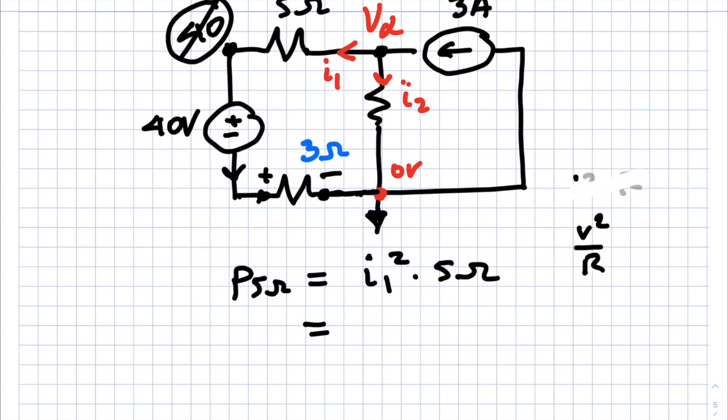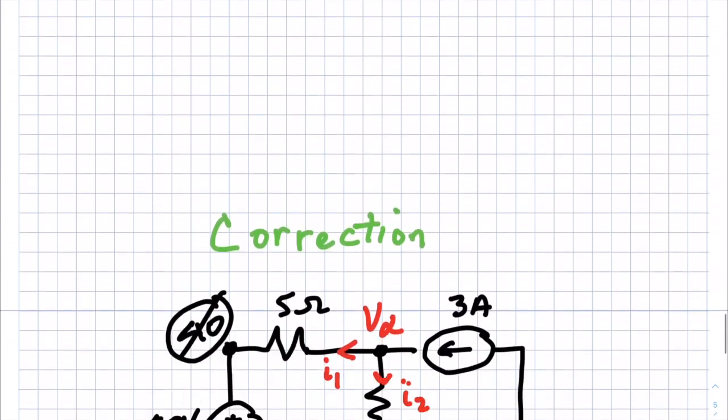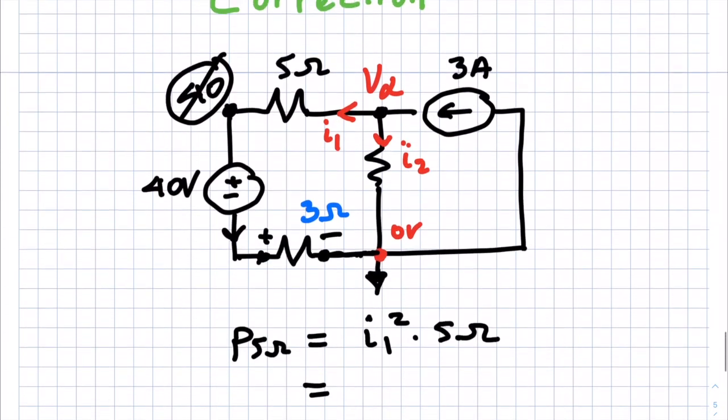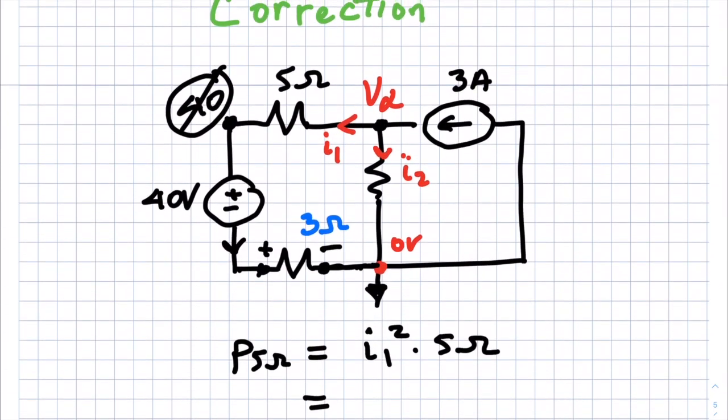Okay, so I'll get rid of those. So from there, I know what I1 is. All right, so I1 is, I'll go back to this equivalent circuit that was given before, where I combined the 3 ohm with the 5 ohm to get an 8 ohm.